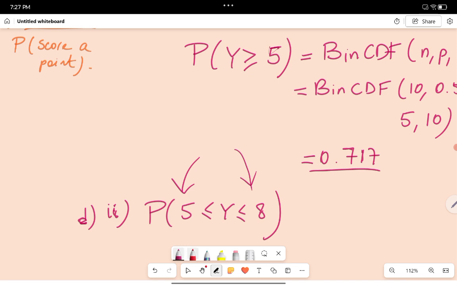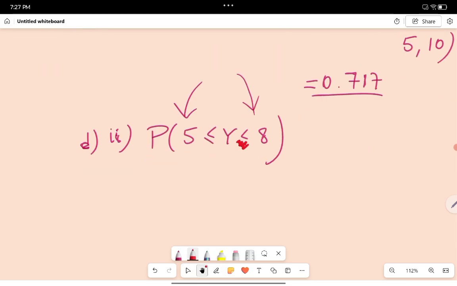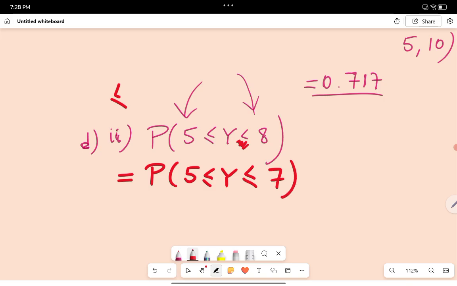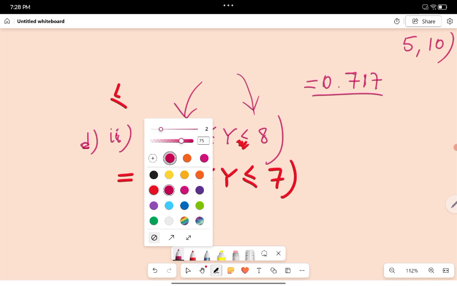So you see, we have to be careful here. It's less than 8. So again, as I just said, you need this thing to plug in your calculator. So this basically means the probability of being bigger or equal to 5, but less than 8, so it's smaller or equal to 7. You see what we're doing here? That's important with binomial. So the upper bound will be 7 now.